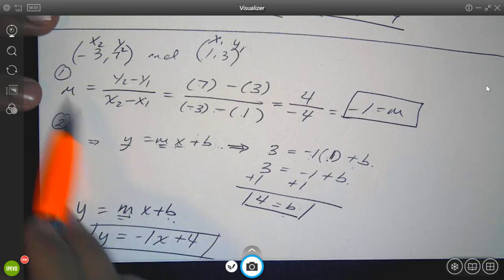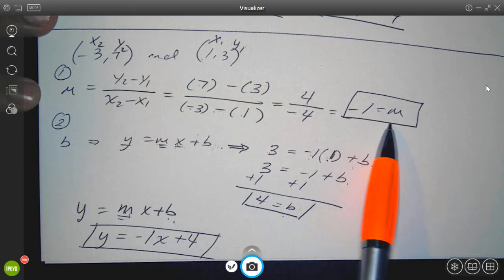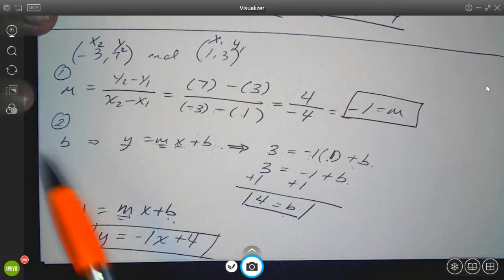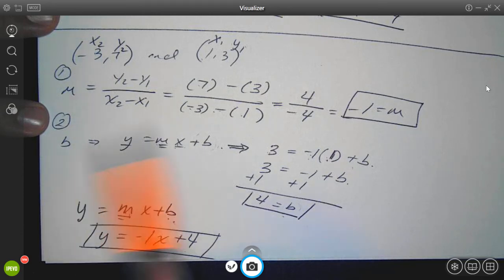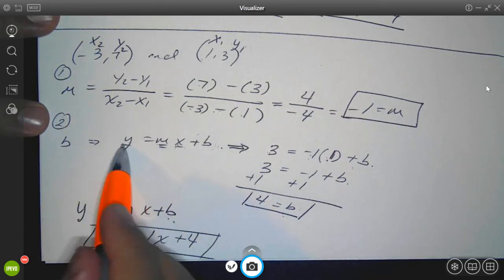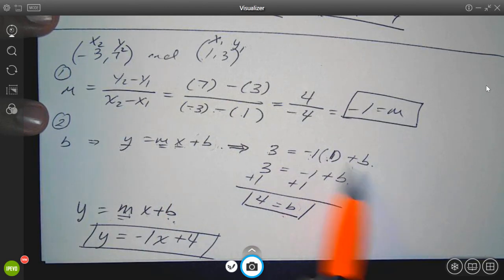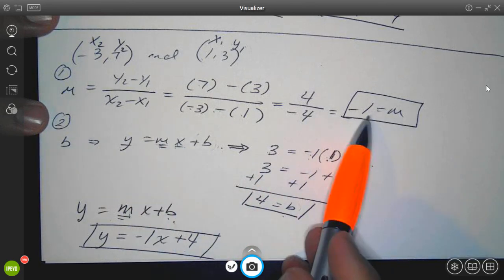But again, these were the steps that we did. The first thing we did was find slope, and I can do that using the slope formula. And lastly, I had to find the b, my y-intercept. To find my y-intercept, I have 3 numbers that are given to me that I can use to solve for b. So again, my slope, I got it from the first part that I found.